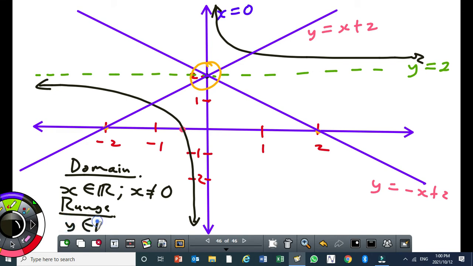Therefore, y is an element of real numbers, but y is not equal to 2. Okay, so that's your domain, that's your range. I prefer that you use this notation because it's easier than using brackets and inequality. Usually for the hyperbola, it's a little bit more complex if you use other notation. This is a little bit easier.